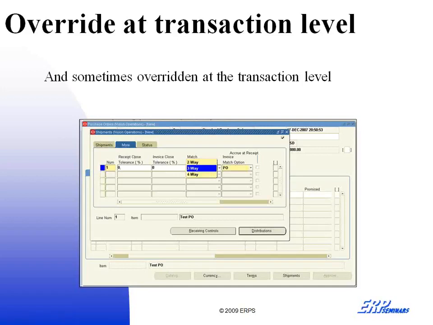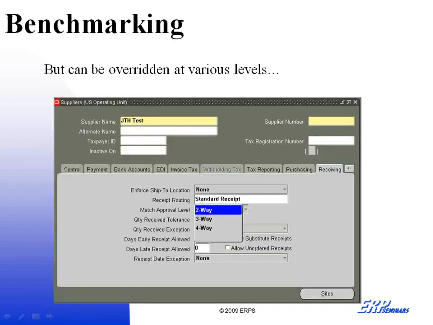So, for example, if you are trying to fully automate this control, you may have to put a forms personalization in here that restricts the user from overriding the match at the shipment level, which is tied to the line level. You may also restrict the ability to override this at the supplier level.